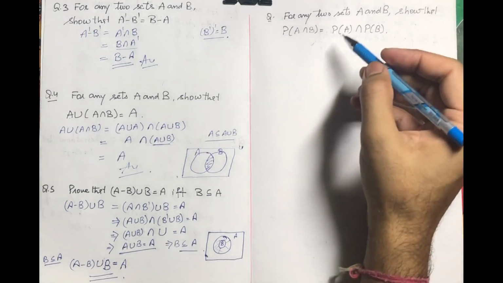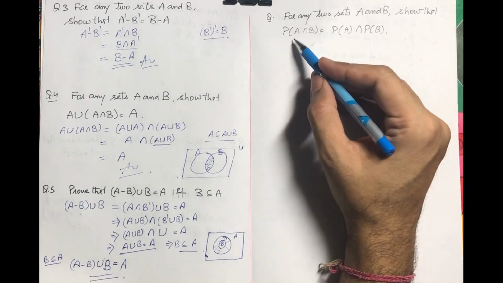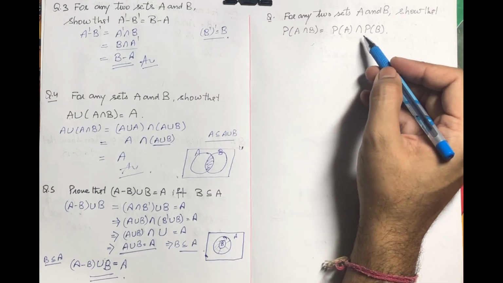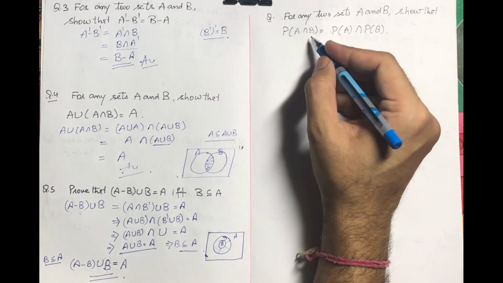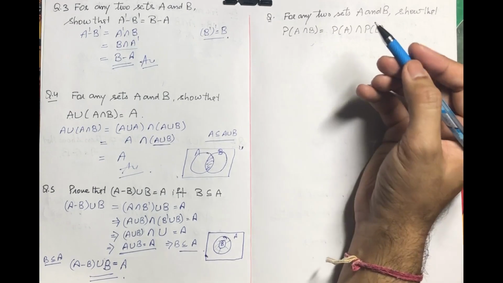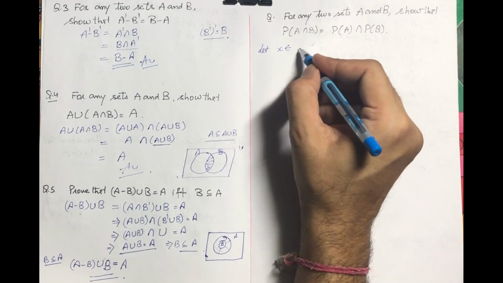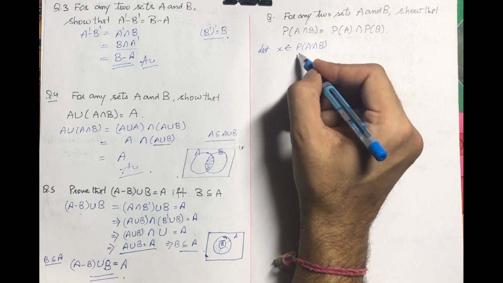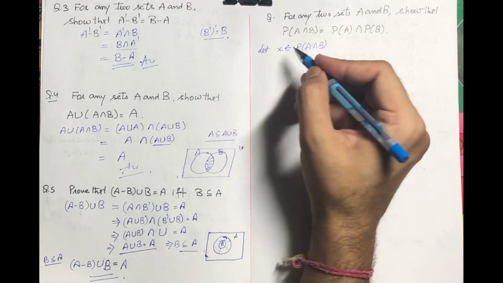Now, next question. For any two sets, A and B, show that power set of A intersection B is equal to power set of A intersection power set of B. To prove these two sets are equal, we prove left hand side is contained in right hand side and right hand side is contained in left hand side. To show this, we start with an element of the left hand side. Let X belong to P of A intersection B. This is a power set, so elements of this set are again sets.